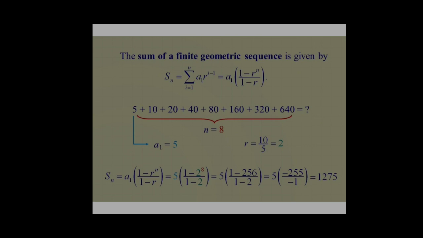This equals 5 times the quantity 1 minus 256 over 1 minus 2, which equals 5 times negative 255 over negative 1, which is 1275. That's the sum of this finite sequence.